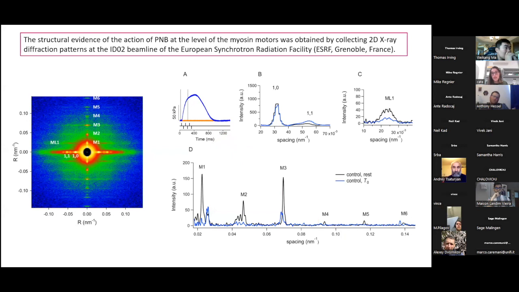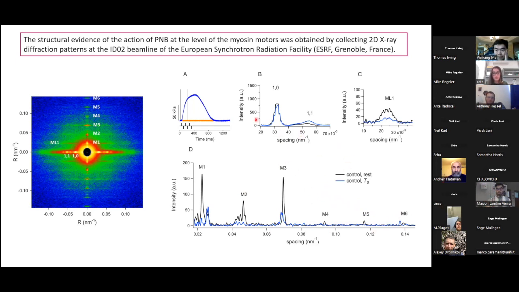France. And so the effect of para-nitroblebbistatin on the X-ray signals marking the structural states of the thick filament, such as the equatorial reflection, the first myosin-based layer line reflection, and the meridional reflections, was determined by comparing patterns collected in a normal Ringer solution.